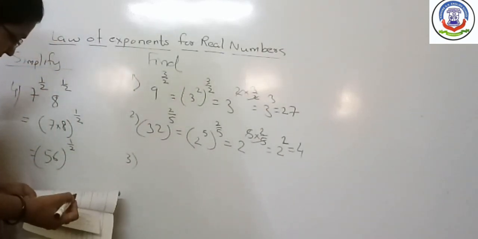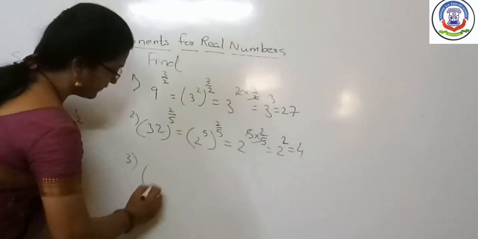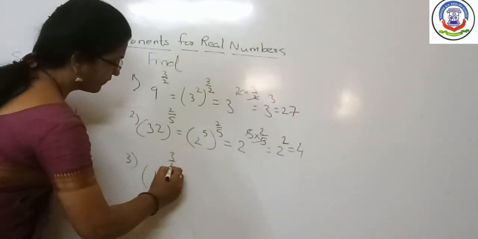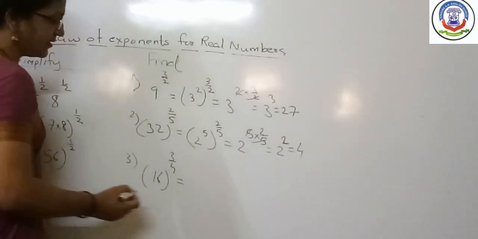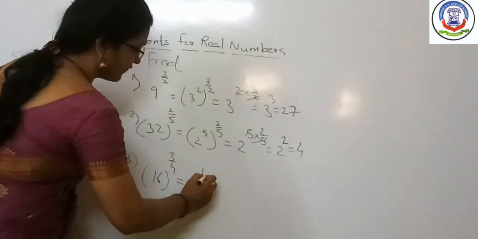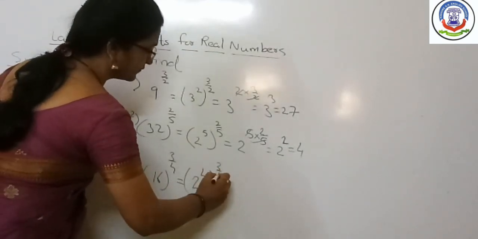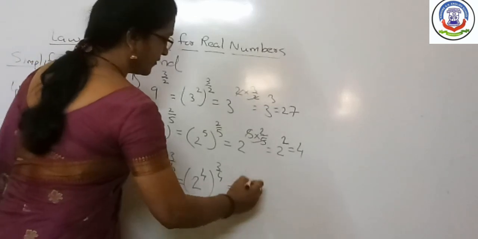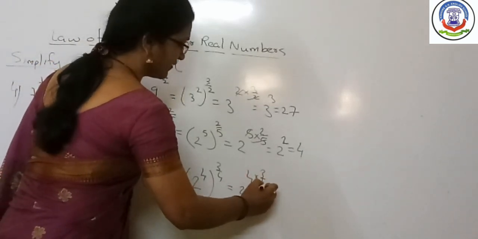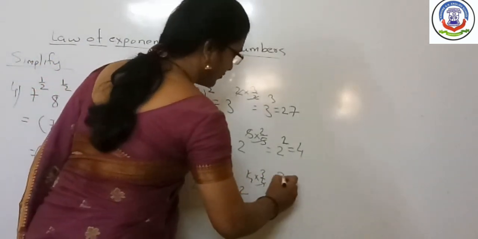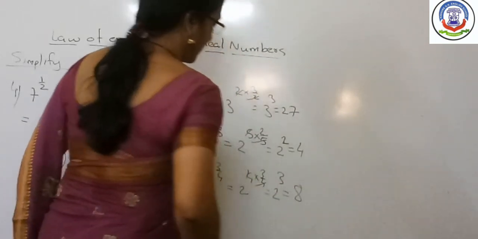Third, 16 raised to 3 by 4. 16 means it is 2 raised to 4, into 3 by 4. So 2 raised to 4 into 3 by 4 is 2 cube, which is 8.